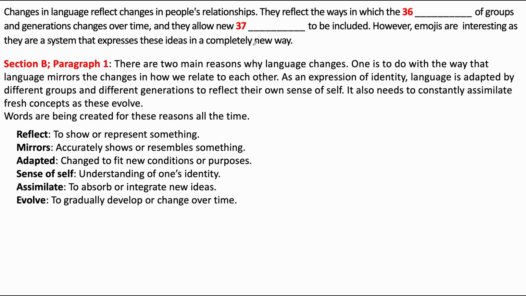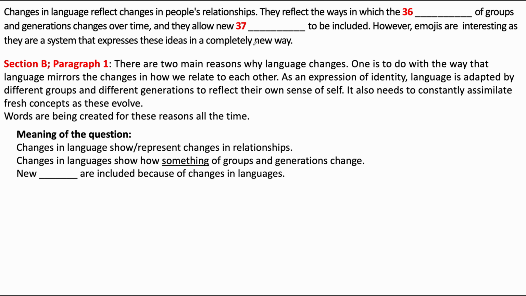The meanings of some of the words and phrases from the paragraph are on your screen. Let's understand what the question means. The question says the changes in language reflect or show or represent changes in relationships. These changes in languages show how something of groups and generations change, and these changes of languages allow something new to be included.